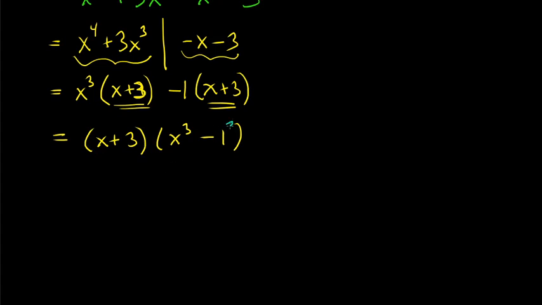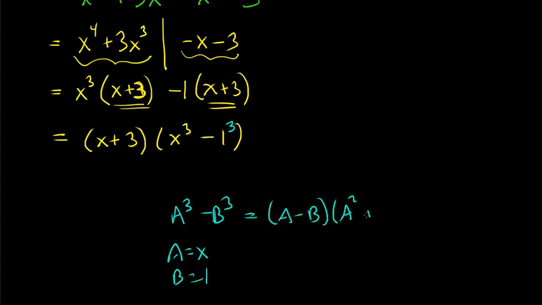Remember, 1 times 1 times 1 is also 1, so 1 is a perfect cube. Yep, this is a cubed minus b cubed, where a is just x and b is 1. So we're going to have to factor this as (a − b)(a² + ab + b²).